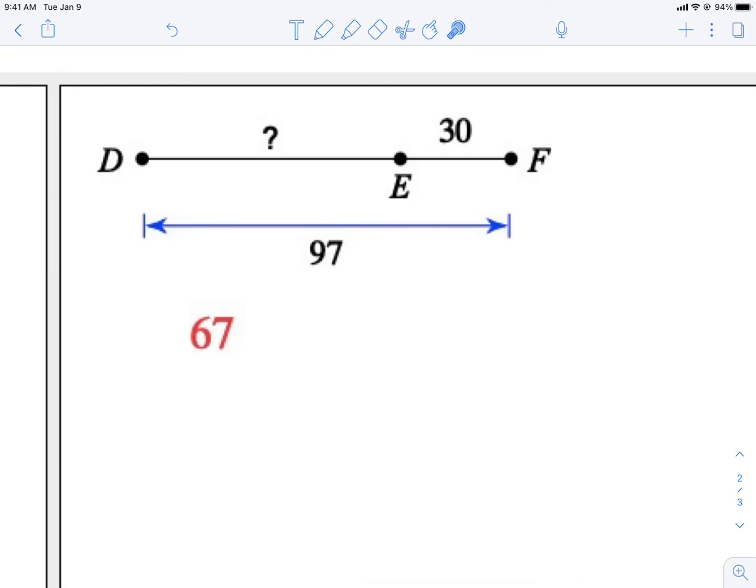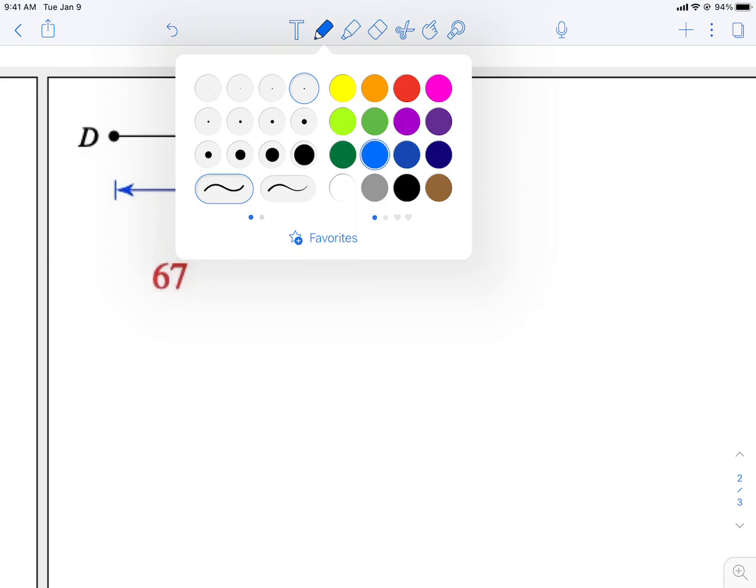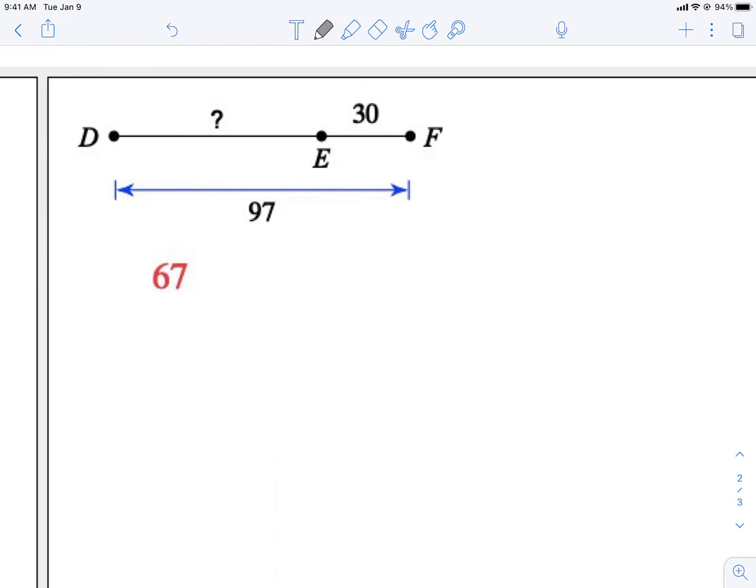All right, so let's first find our first short segment. So from D to E is our first short segment, right? Actually, let's change colors. Let's try a different color. Let's try purple. No, we tried purple already. Let's try gray.